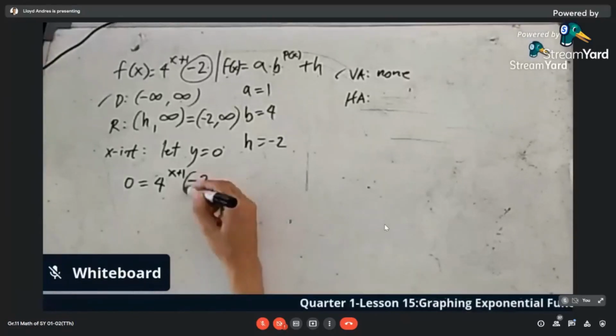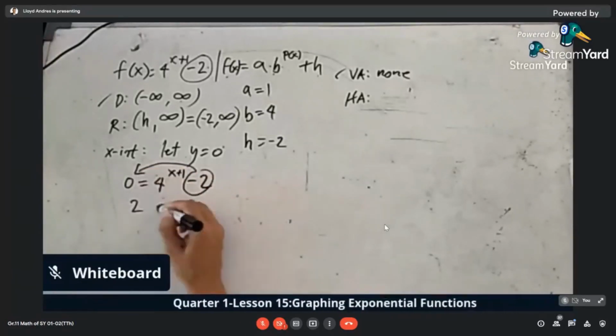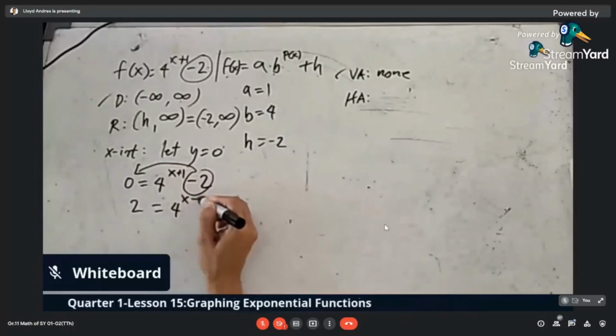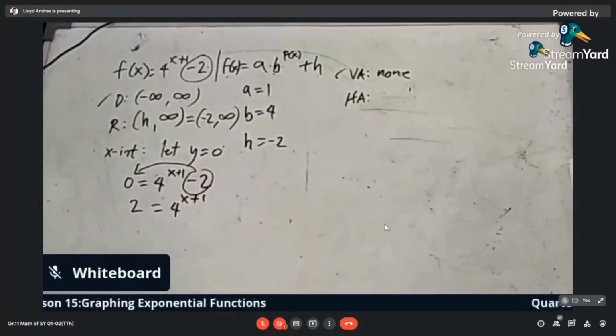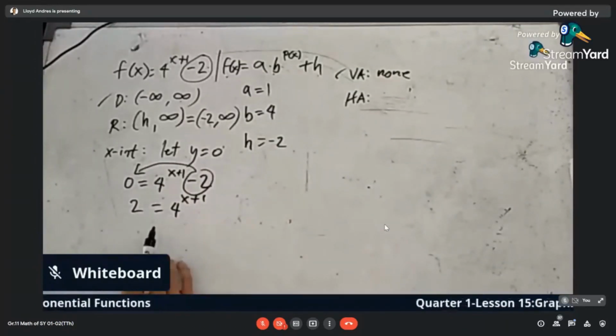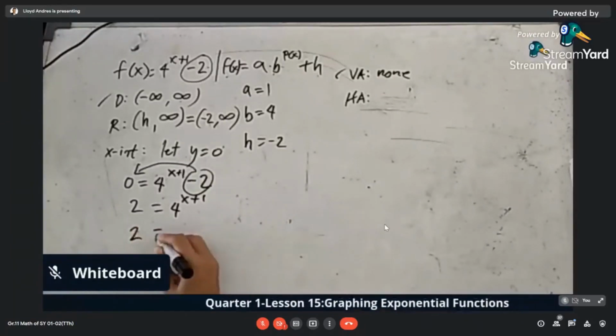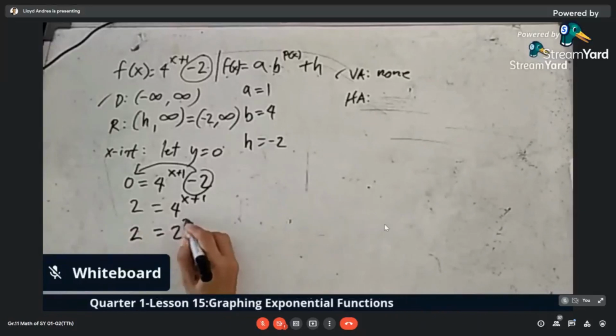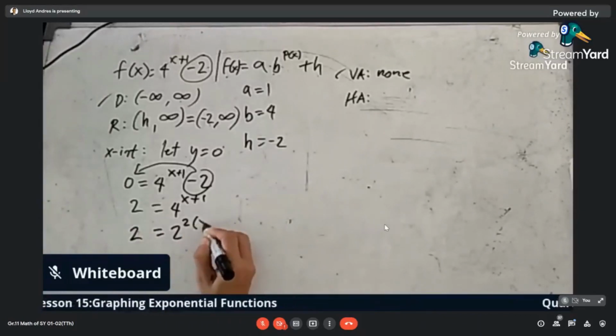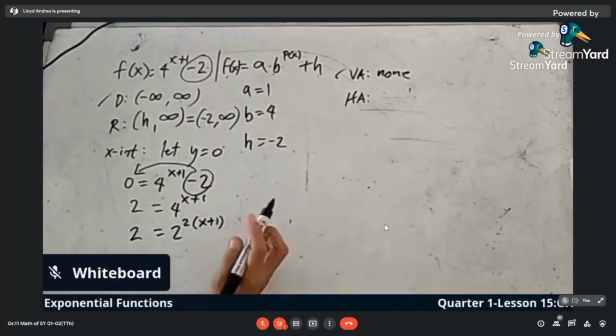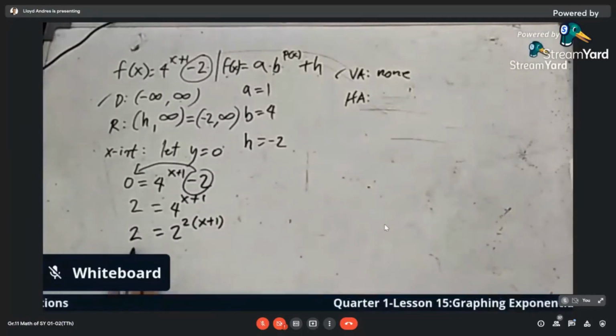So, ibalhin sa pikas, it becomes 2 equals 4 to the x plus 1. Sunod, 2 ug 4, i-express na same base sila. Si 2 as is lang, si 4 can be expressed as 2 squared. Tapos, copy si x plus 1. Okay, pareha na sila base.